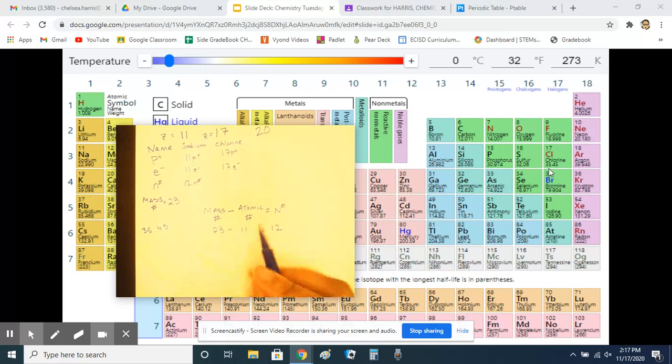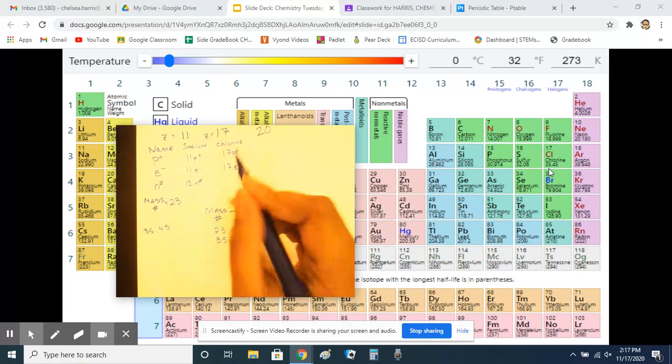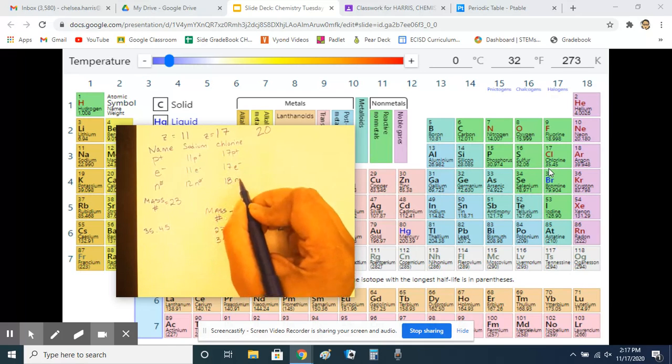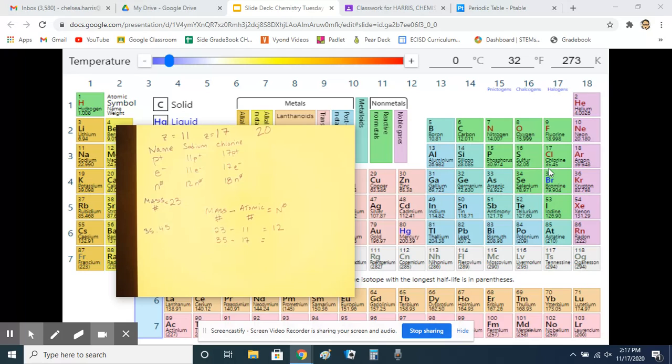So if the mass is 35 for this chlorine, then with the atomic number 17, you will do 35 minus 17. What is that? I believe that is 18 neutrons for chlorine. I hope that's right. If I'm wrong, pretend that I'm right.